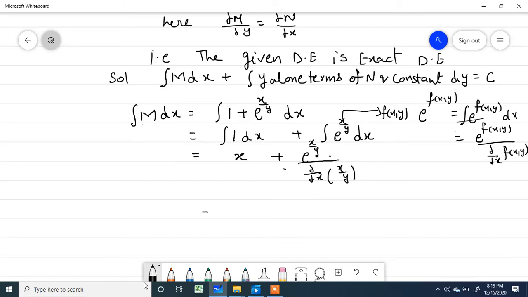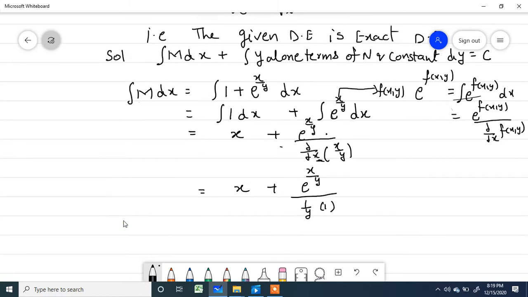So that is x plus e power x by y divided by, so you are differentiating with respect to x, y is a constant, so that 1 by y comes as it is, and derivative of x becomes 1. So finally we have integral m dx as x plus y into e power x by y. This is the value of integral m dx.